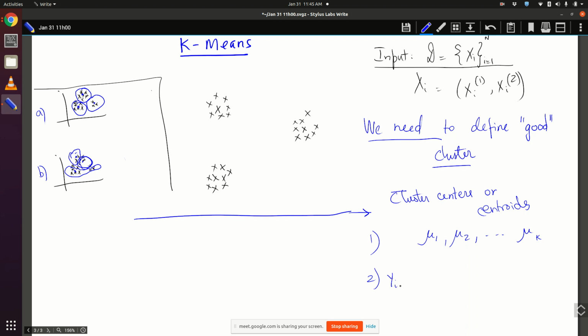yij. This will be 1 if the ith point belongs to the jth cluster.